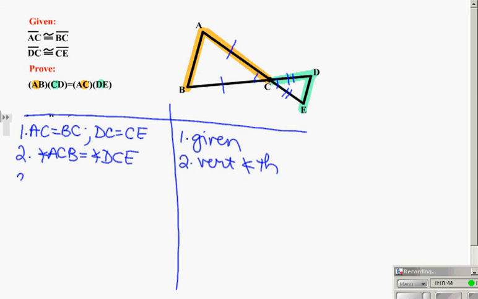Because I know they are equal, I can go ahead and set up that AC compared to CD is going to be the same ratio as BC compared to CE. And the reason I can do that is definition of proportions. I took equal pieces and I set them up in relation to each other.